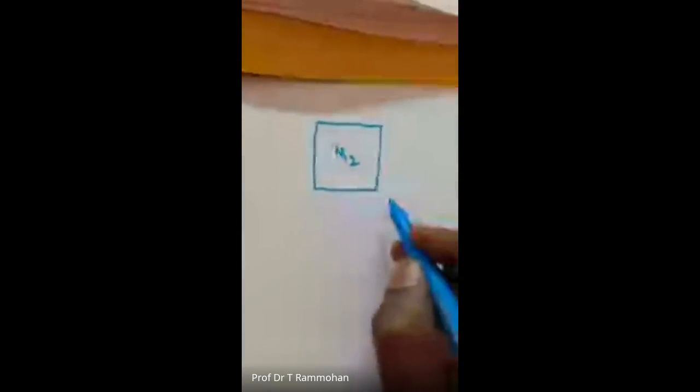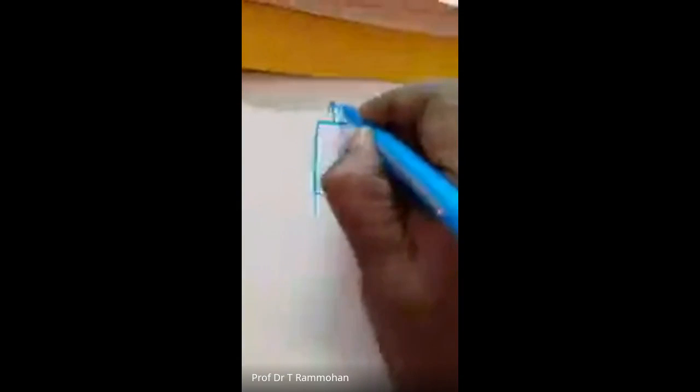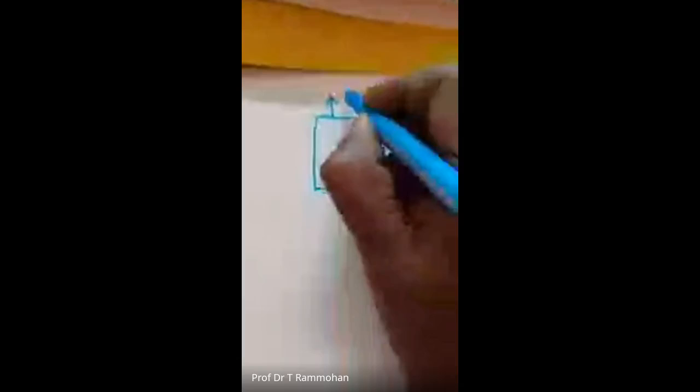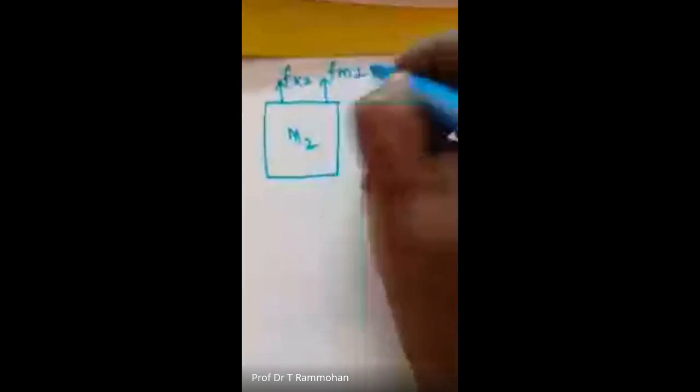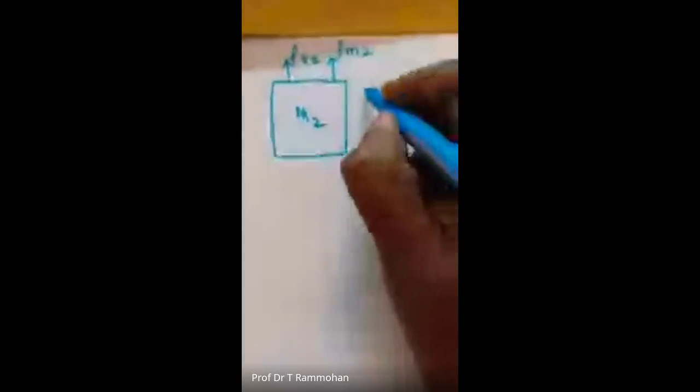Okay. Now I use this pen. So this is FK2. FK2 is the component connected to M2, and the mass itself will oppose the force.